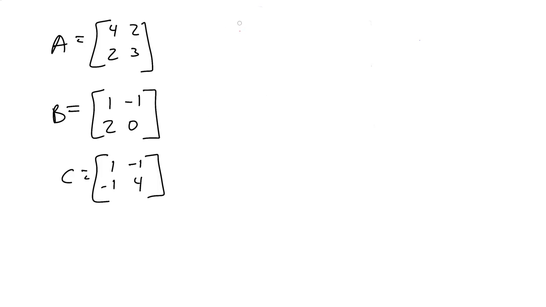Now, next one I want to do here. What if I said I want to do, let me write this out, A times B times C. Now, let's do A times B first, and then do that times C. And we just did A times B, and if you remember, that was 8, 8, -4, -2.